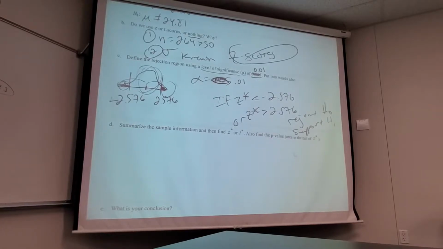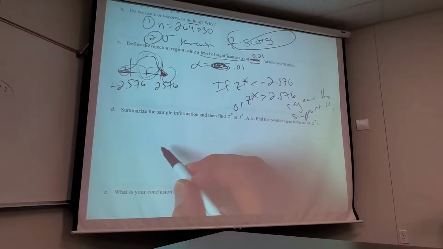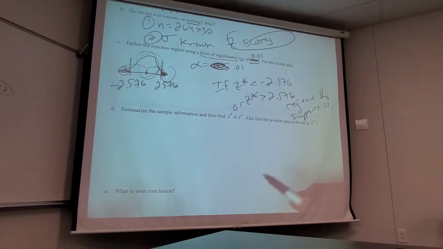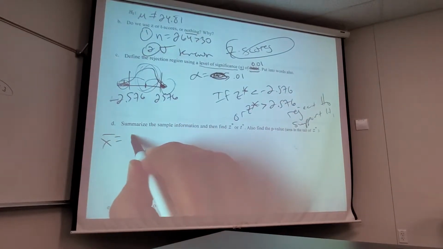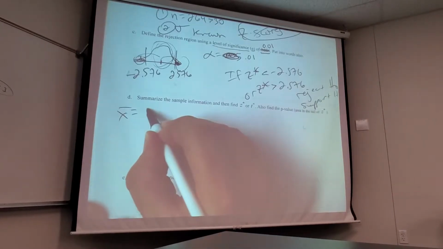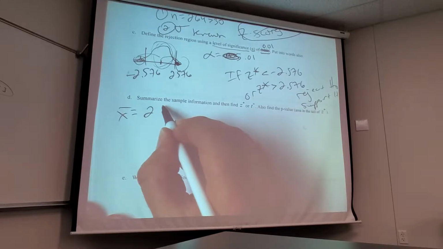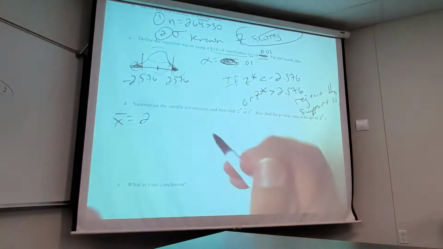So now that I've set up what far enough away is, the next thing I'm going to do is see how far away I got. So what do I know from the sample? What was the sample mean? No. Yeah, 24.81 was what it was in 1990 for everybody.